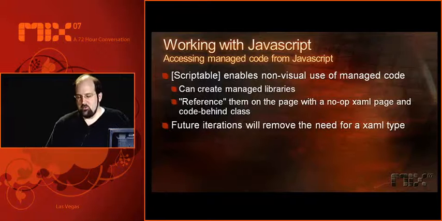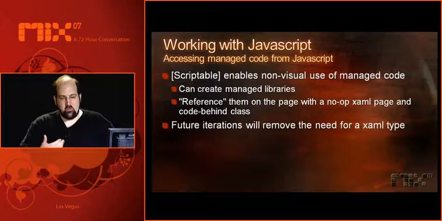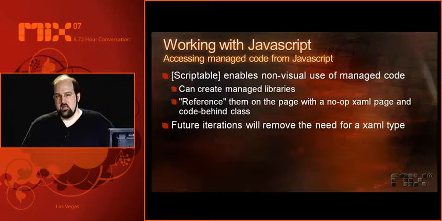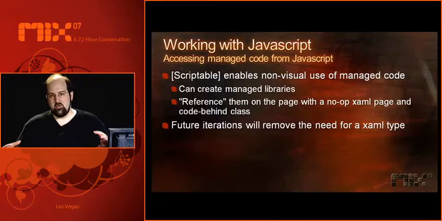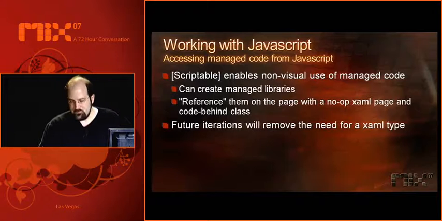So what this allows you to do is sort of build up libraries of complex functionality, expose them through the scriptable feature, and then your JavaScript developers just see this stuff sort of showing up as an extension to the DOM that's being projected out by the Silverlight control.